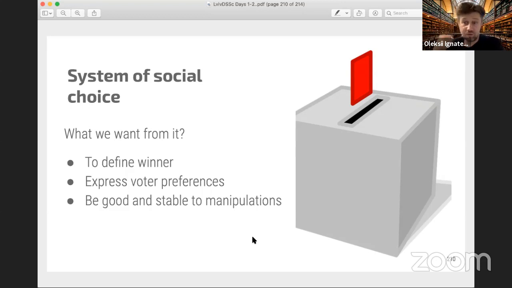And if we add no dictatorship, then no function is possible. So the consequence is that any voting system we have has some paradoxes or problems, and we have many of them right now.